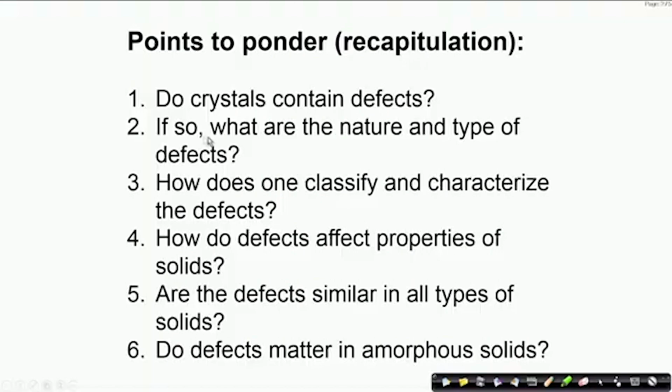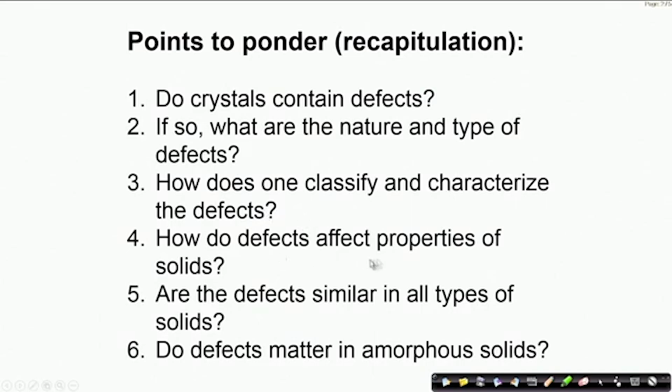You also have defects which are of different types and of different nature, and we discussed those various types of defects among the point defects, among line defects, and various other defects. So we can classify the defects in terms of dimension, in terms of their origin, and we also discussed how we can characterize these defects.